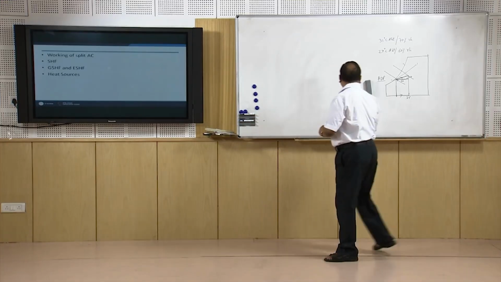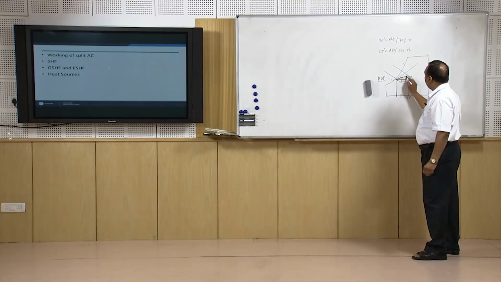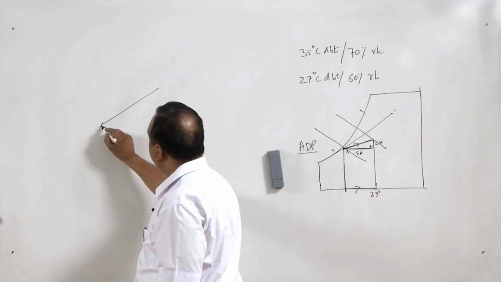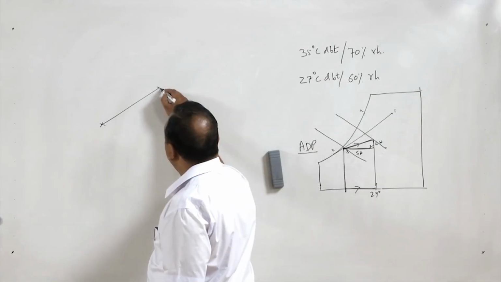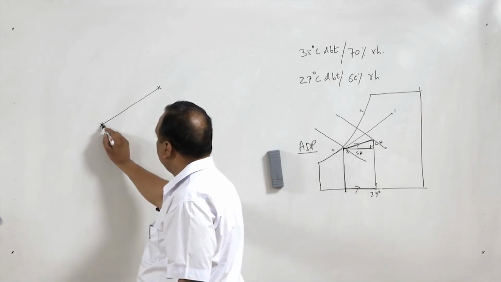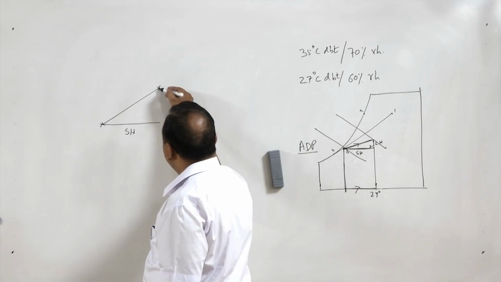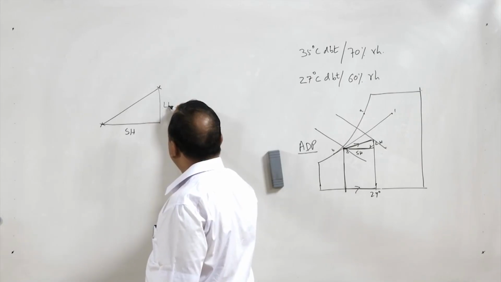Now after the working of split AC, we will talk about sensible heat factor. As I told earlier, this is the room load. Air enters the room at this temperature and leaves the room at this temperature. This is the sensible heat added in the room, and this is the latent heat added in the room.